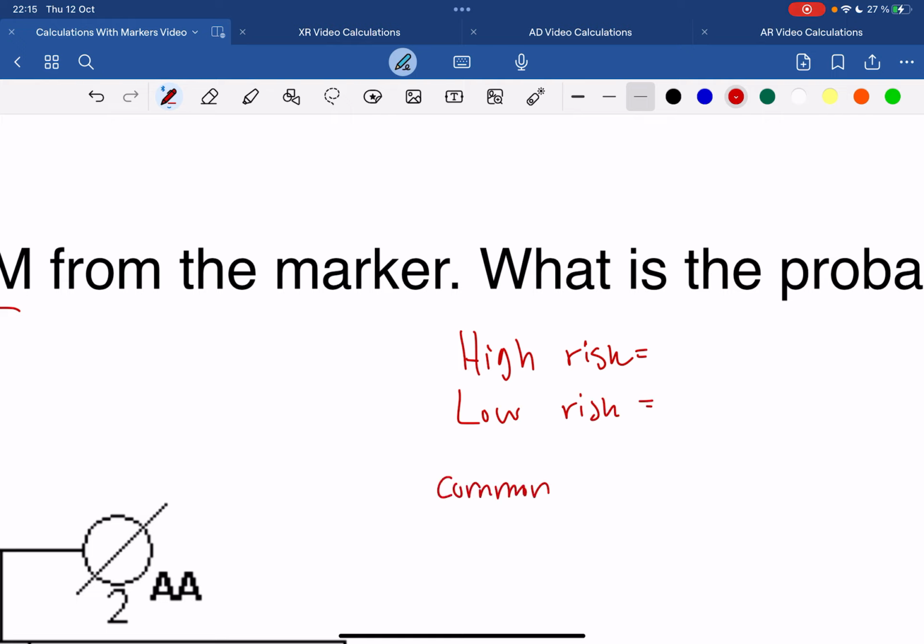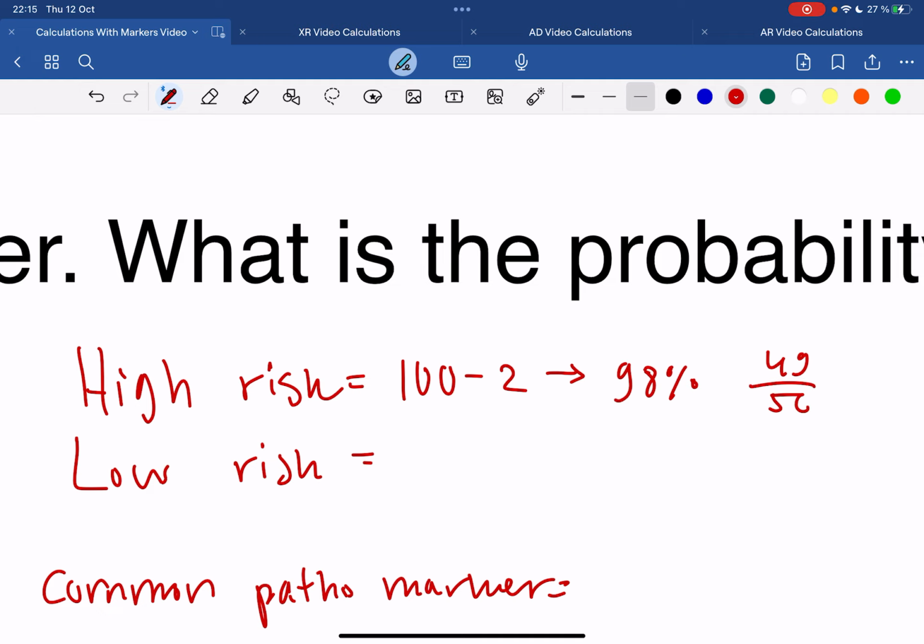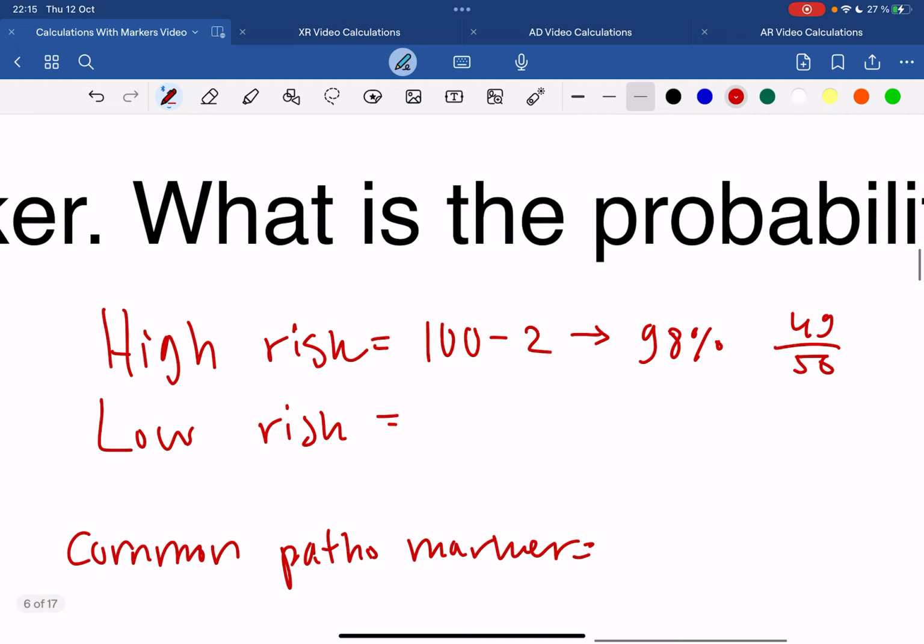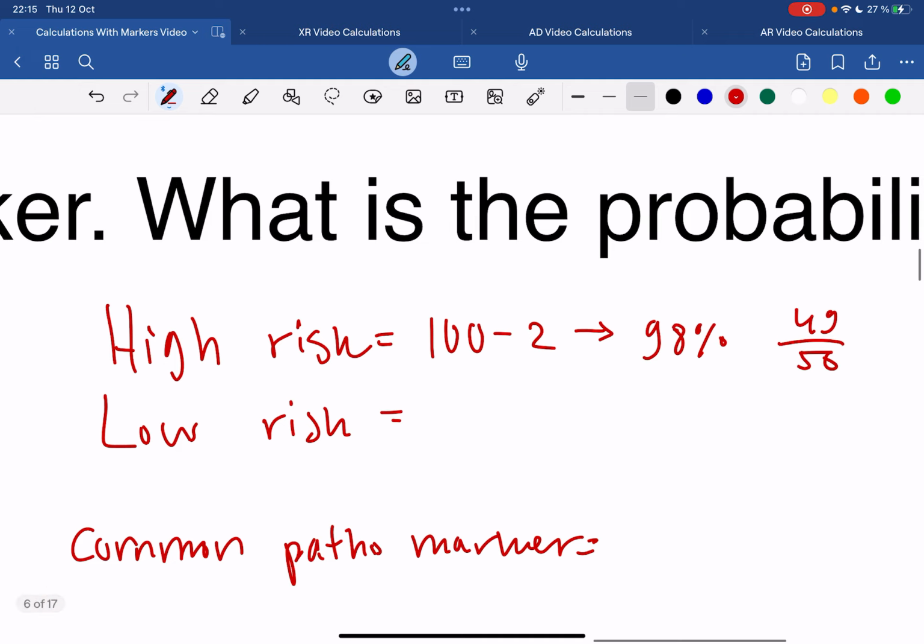The high risk for us would be 100% minus cM, which is 2. That is 98%, or 49/50. While the low risk is just the cM, which is 2%, or 1/50.